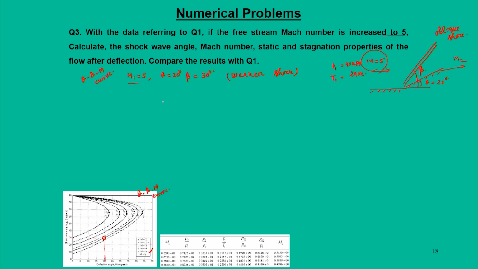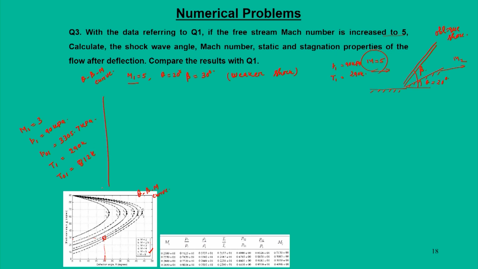Now, if you recall our previous data, M1 is equal to 3, P1 is equal to 90 kPa, P01 is equal to 3305.7 kilopascal, T1 is equal to 290 Kelvin, T01 is equal to 812 Kelvin.